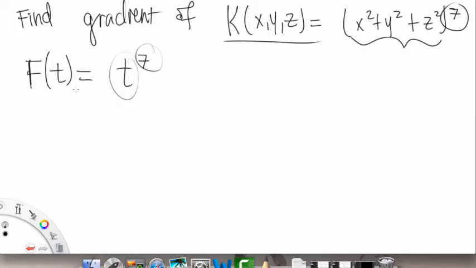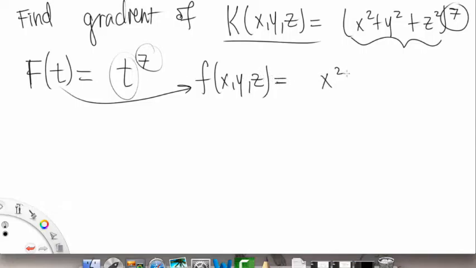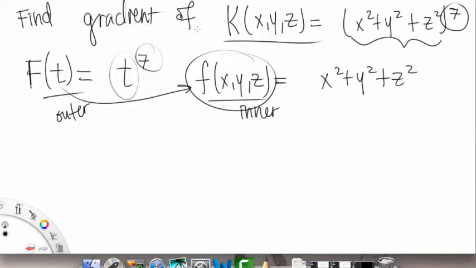And then that inside t is our lowercase f of x, y, z, our multivariable function, which is the inner function, x squared plus y squared plus z squared. So this is the inner one, and this is the outer one, where t is equal to this whole thing in here.